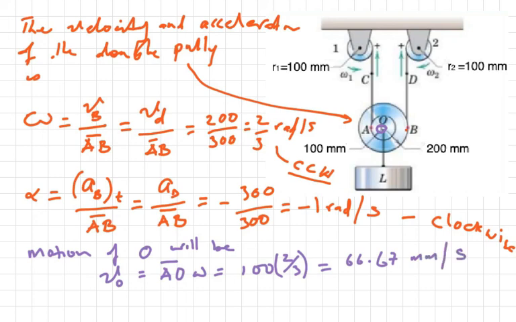And so we can also compute the acceleration of point O to be AO alpha, which is equal to 100 multiplied by minus 1, which is minus 100 millimeters per second squared.